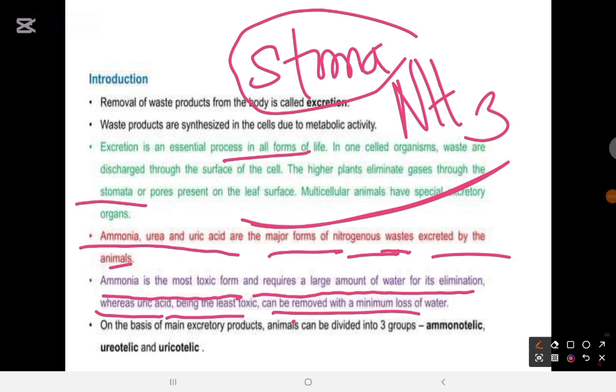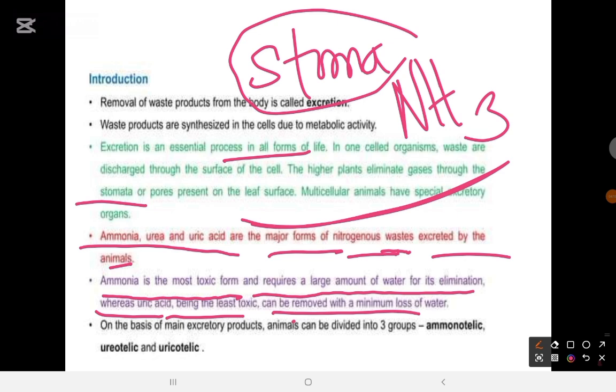Ammonia will be excreted with a large amount of water because of its level of toxicity, while uric acid, which is least toxic, is going to be excreted with little or relatively less water.